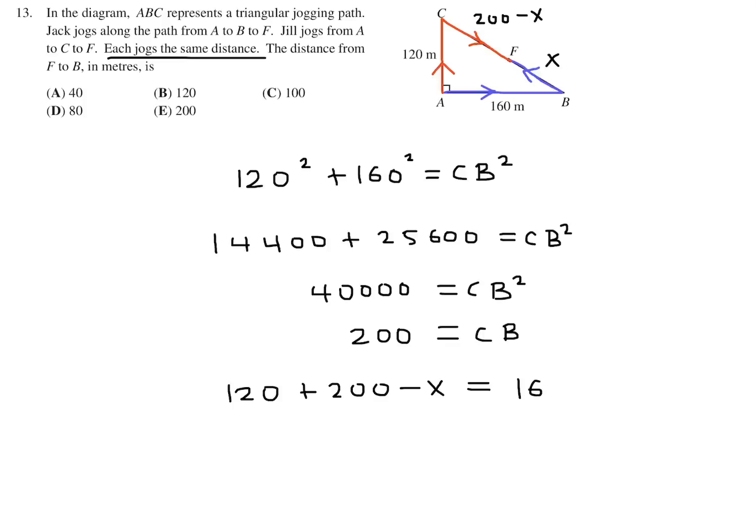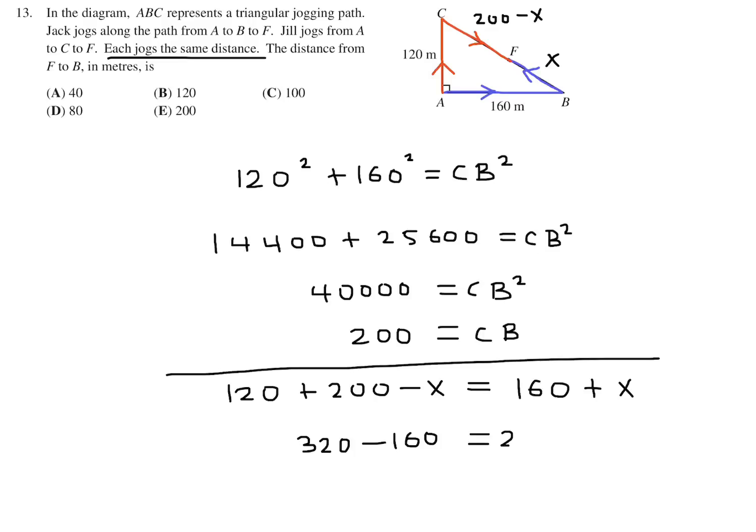So that's 160 plus x. So now we just solve this mathematical equation. So we've got 320 minus 160 is equal to 2x. 2x is equal to 160, and therefore x is equal to 80. So x represents FB, and that is what they want us to figure out. So 13, the answer is D.